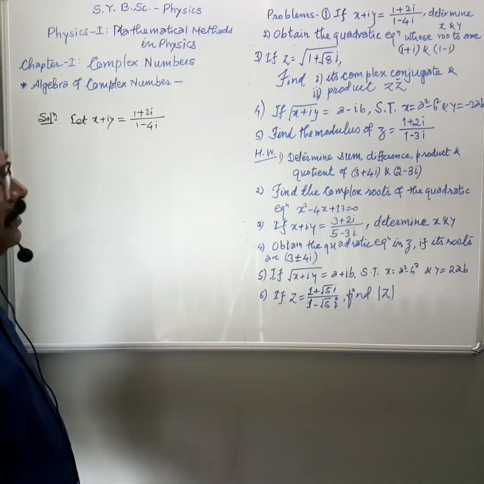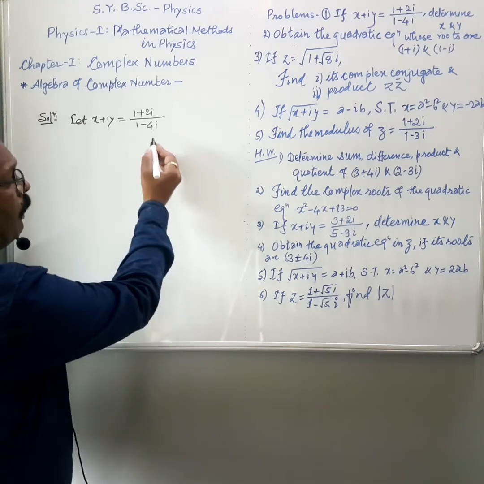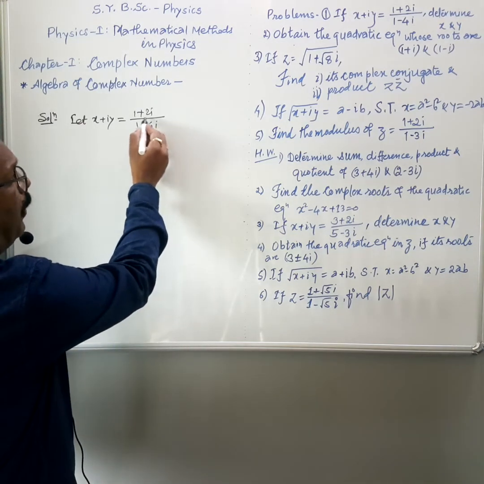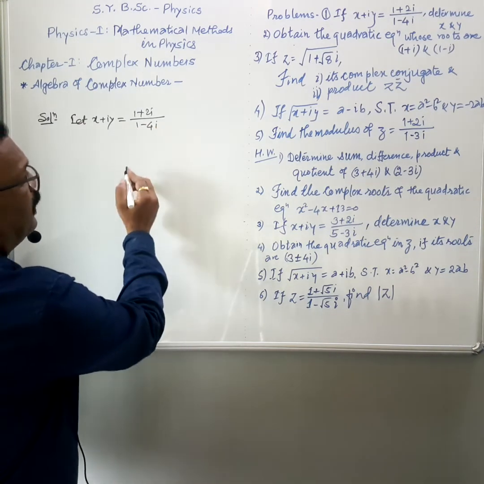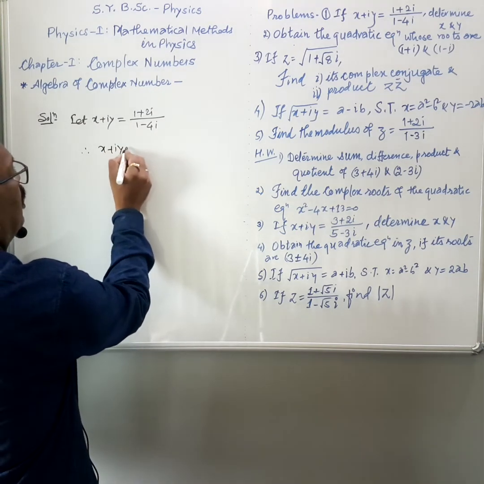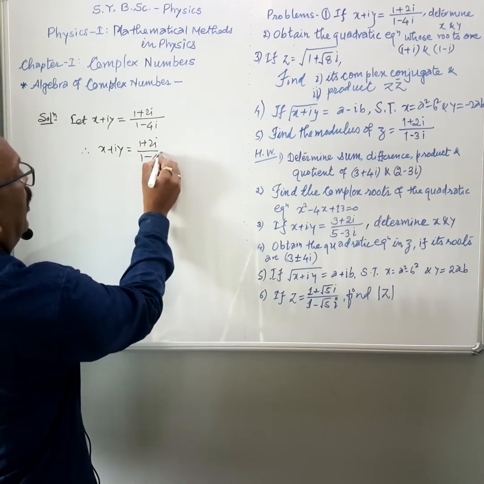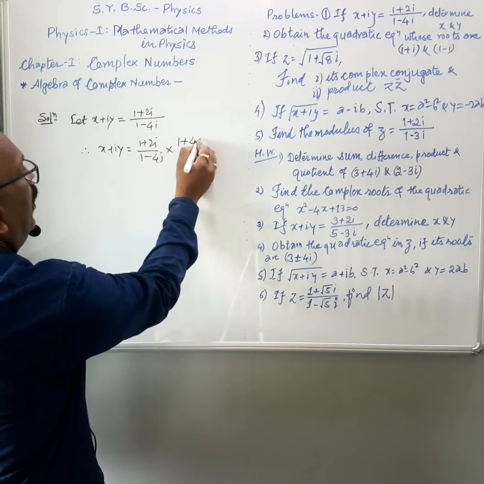To solve this equation, we have to multiply and divide by the complex conjugate of the denominator, that is 1 plus 4i.